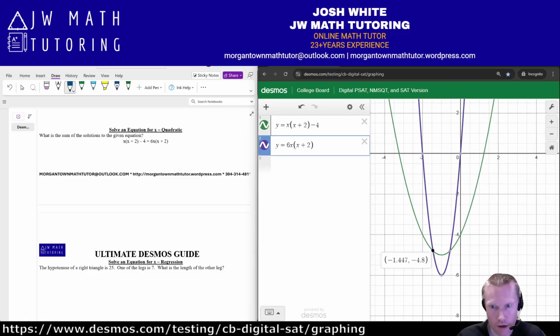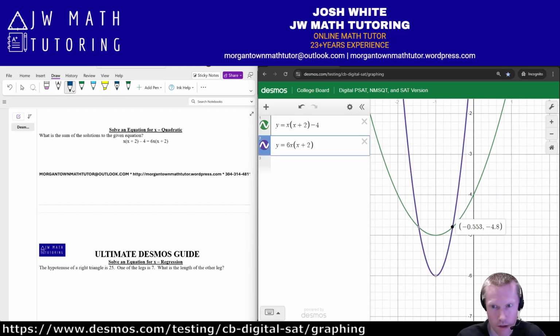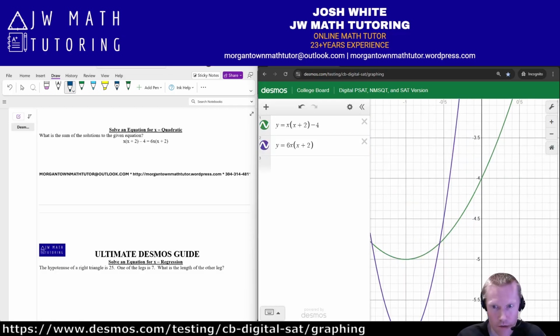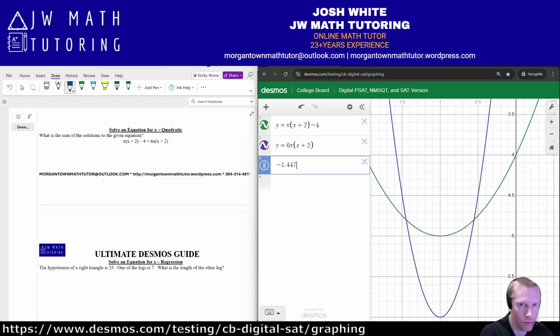So here are our intersection points. Let's see. I can zoom in to get any more decimals. Doesn't look like it. So if I go ahead and I just do manually negative 1.447 plus negative 0.553.